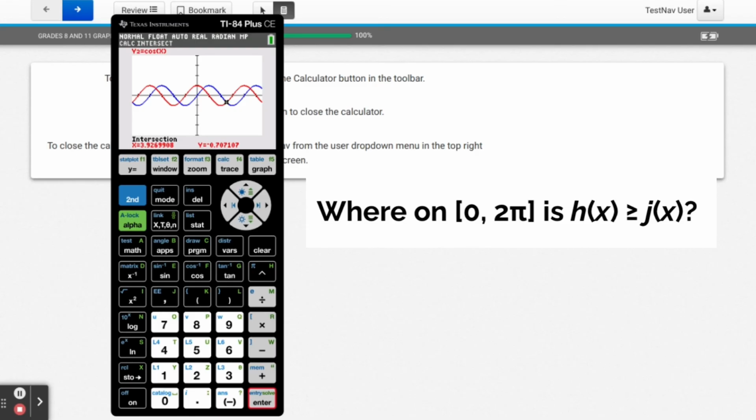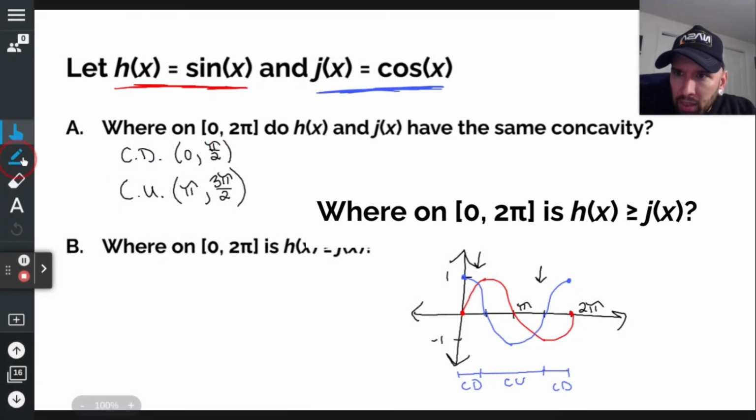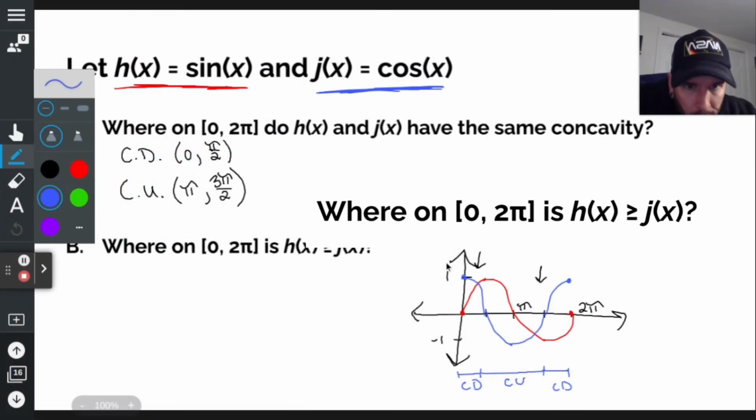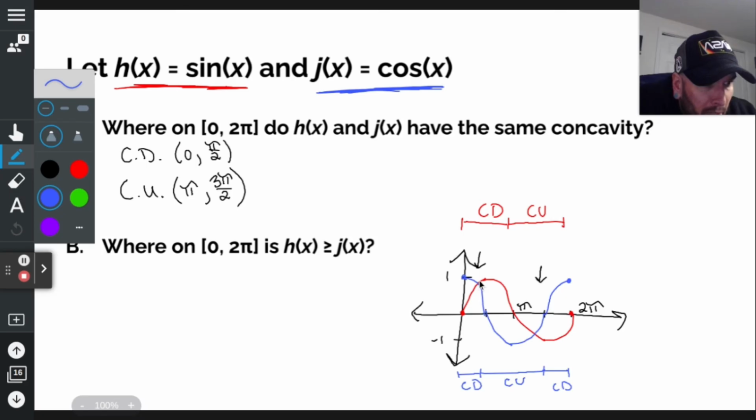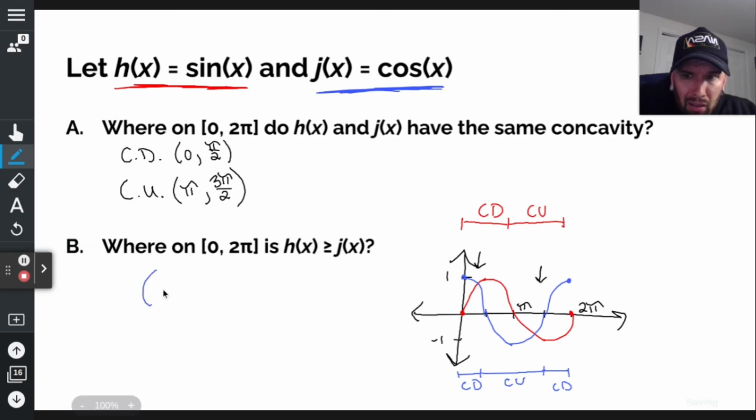So let's go back and write that out. This guy right here ended up being 0.785 is what I wrote down over here. That guy ended up being 3.927.